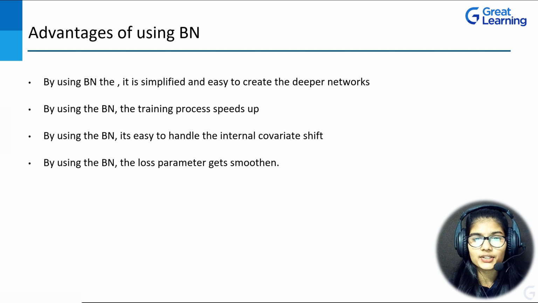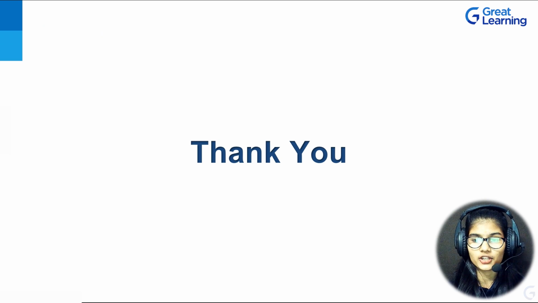The training process speeds up while using batch normalization. Handling the internal covariate shift is very easy while using batch normalization. And last but not least, the loss parameter gets very much smoothened while using batch normalization.